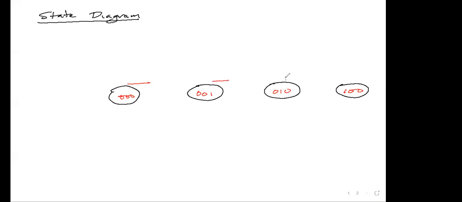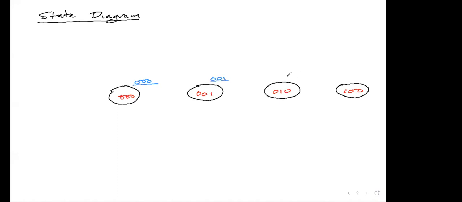The output is usually put as a little line, and you say what your output is.